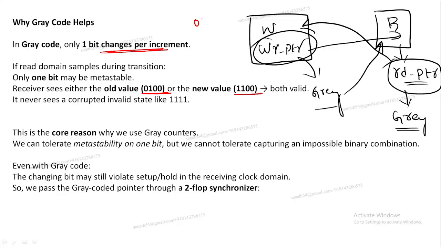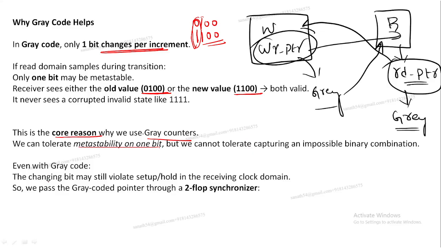If you compare 0100 and 1100, they differ by 1 bit only. This is the core reason why you use a gray code counter, and we can tolerate the metastability on 1 bit.